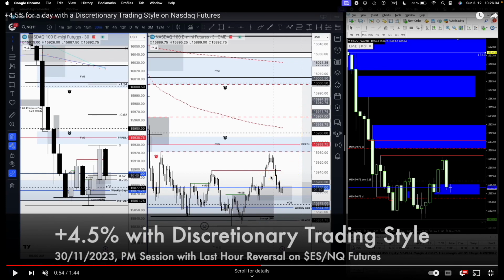For me, it was clear that the price was going to take out these longers on this bullish breaker again. So my thinking was, I would like to see a quick sweep, go above and just continue higher.